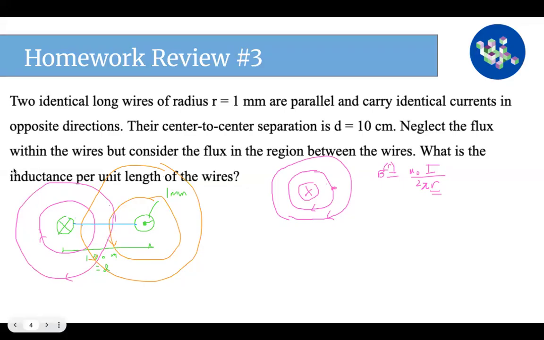For example, at a point over here, where the yellow dot is, the field due to the wire on the left will be pointing in this direction, and the field due to the one on the right will also be pointing downwards. It'll have slightly larger magnitude because it's closer to the wire on the right.